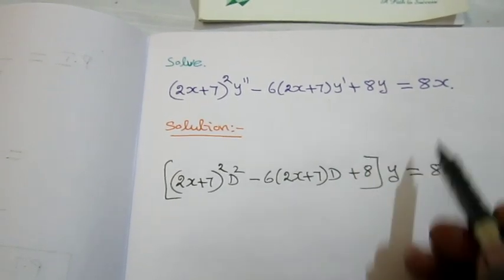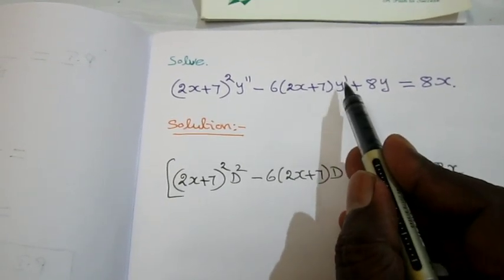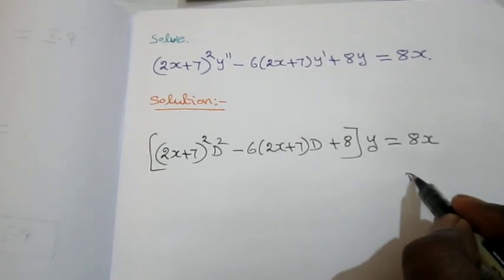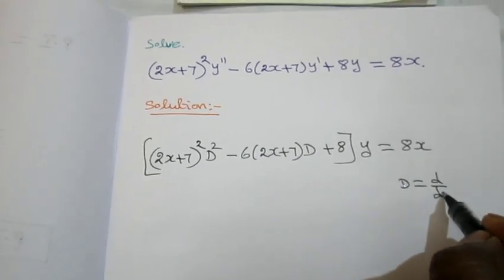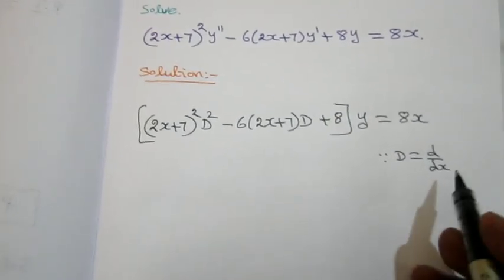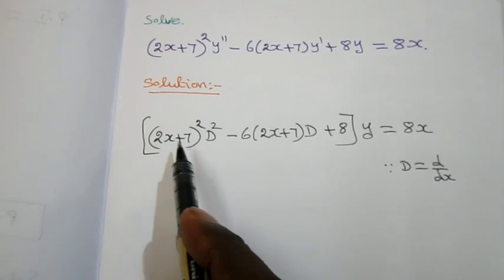Here capital D is d by dx. Now this is the standard form with a variable coefficient 2x plus 7.